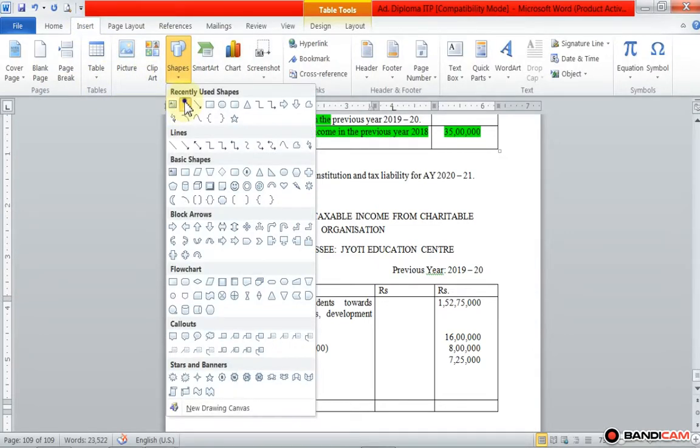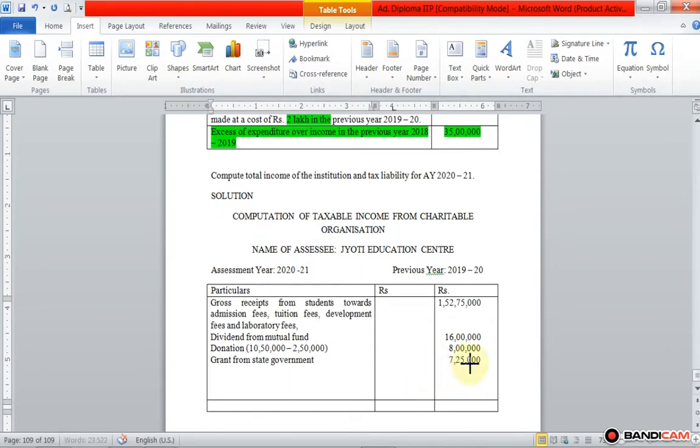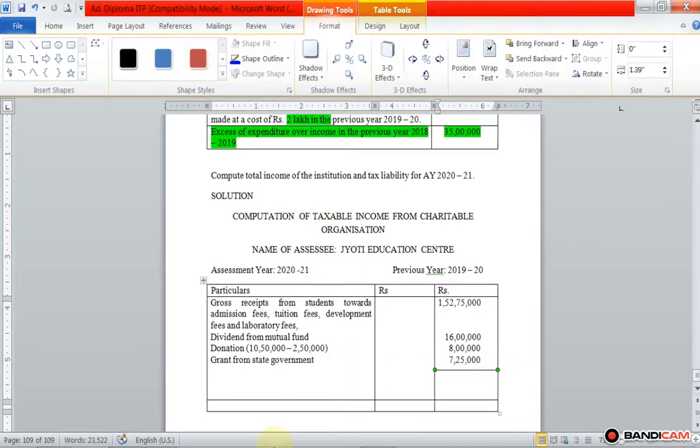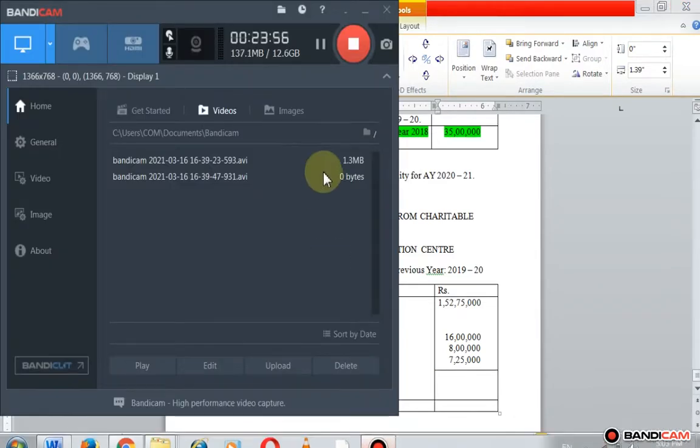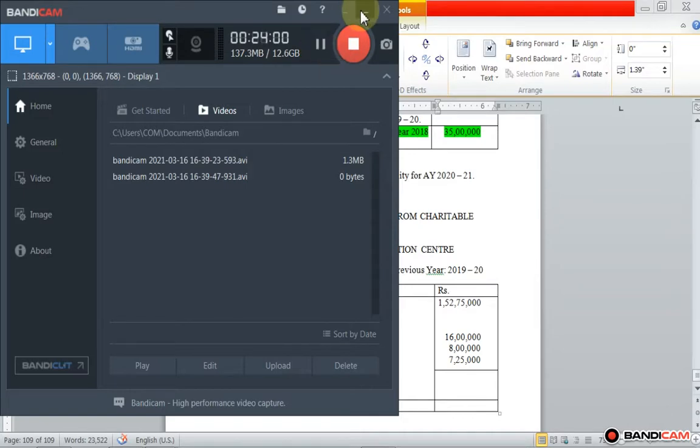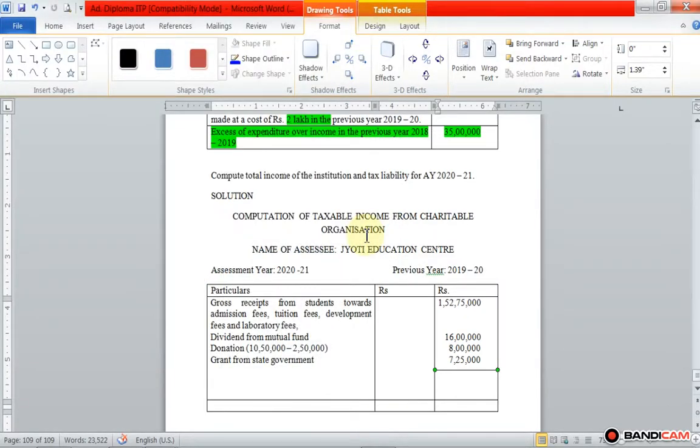So here make a total of outer column, and total is 1 crore 52 lakh 75,000 plus 16 lakh plus 8 lakh plus 7 lakh 25,000 is equal to 1 crore 84 lakh.